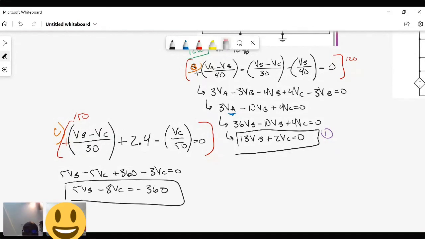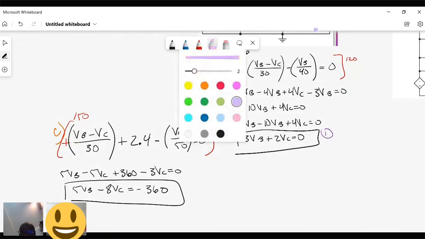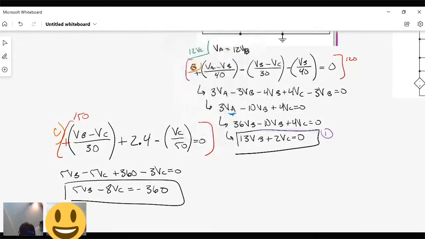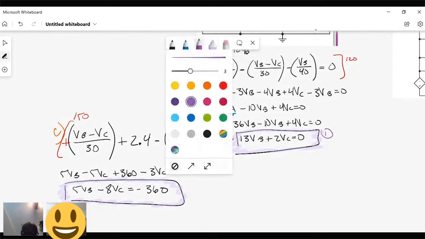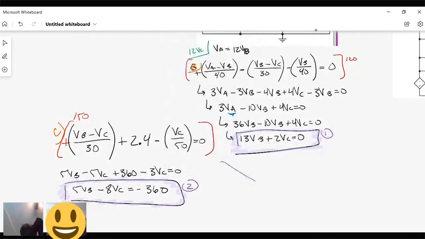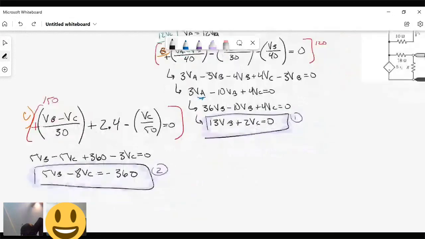Boom. Let's put it in purple, whatever. I got this guy and this guy. So these two are going to solve together. You see it? Yep. Awesome. So now I just got to solve them together. If you do not want to solve them together, then you can just build the matrix and put it into your calculator.